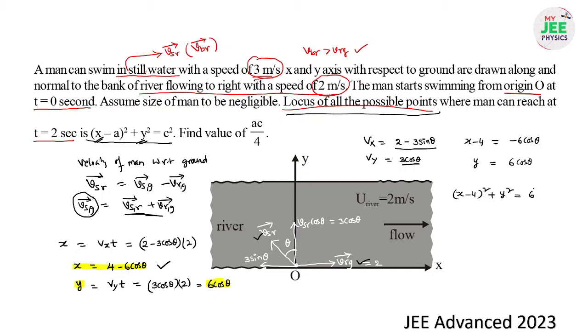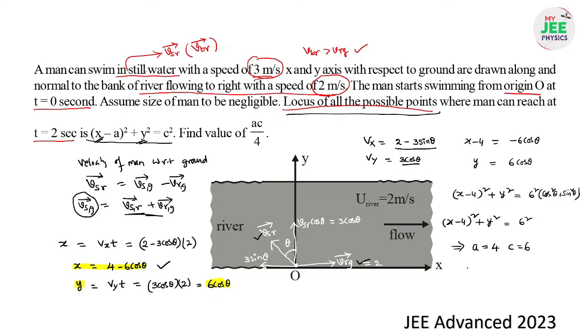So then I can write down that 6 square into cos square theta plus sin square theta. Then x minus 4 whole square plus y square is equal to 6 square. Okay, so from this I can write down that in the question given a is equal to 4 and c is equal to 6.